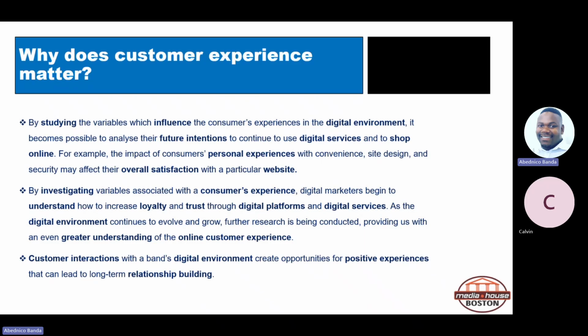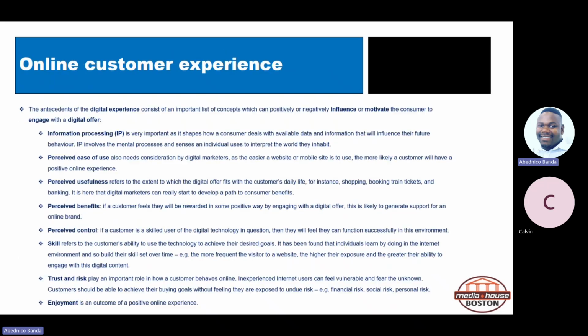So we realize that nowadays there are algorithms that can track or learn your social media behavior, how you interact with platforms, who you are chatting with, what you are saying, what messages you are clicking on, and so forth, your browser history, your cookies, just to understand who these people are. So customer interactions with the brand's digital environment create opportunities for positive experiences that can lead to long-term relationship building.